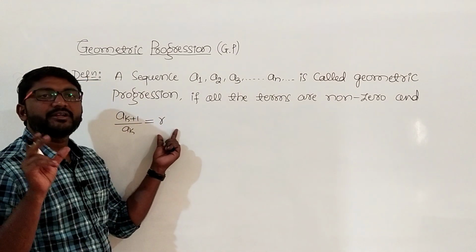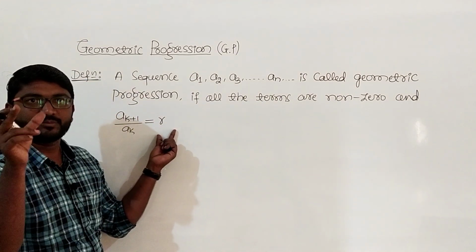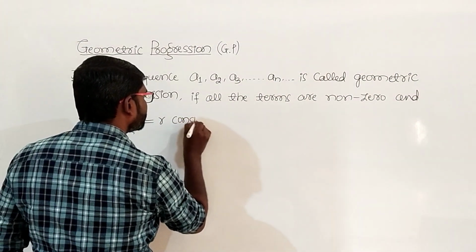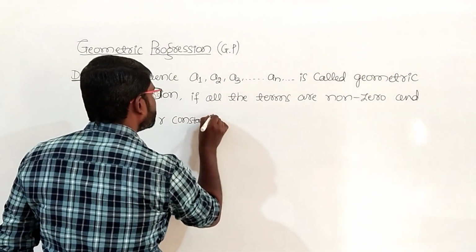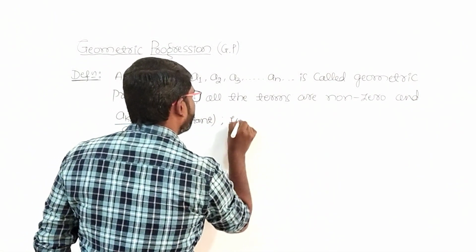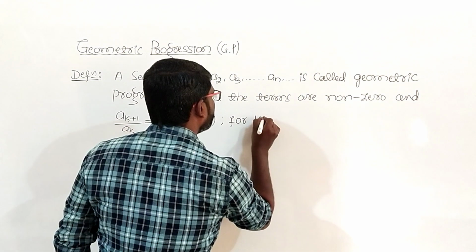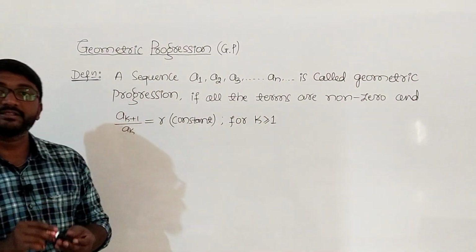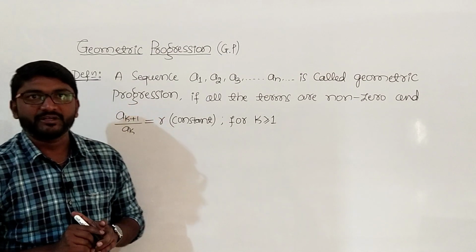Here r is the common ratio, which has to be constant for k greater than or equal to 1. This is the definition of a geometric progression.